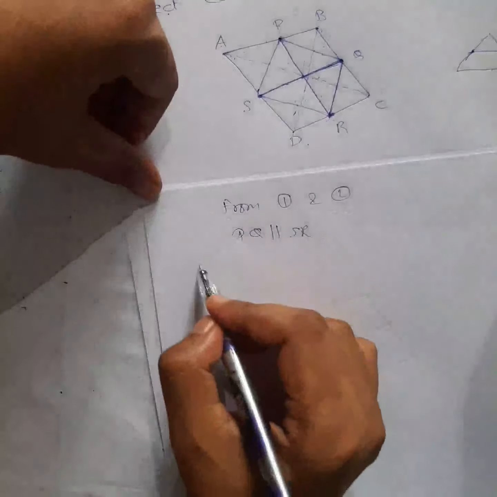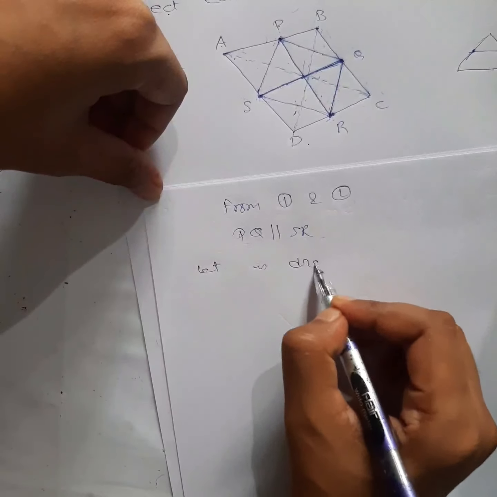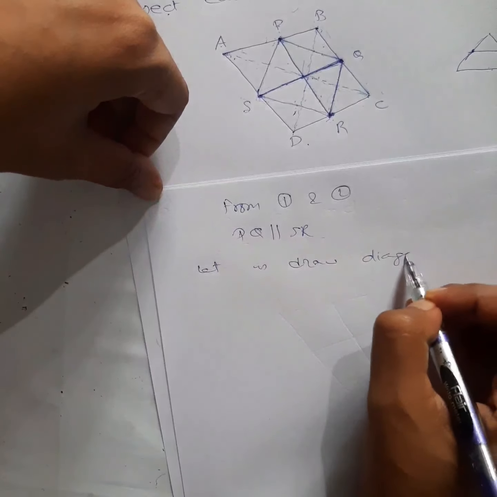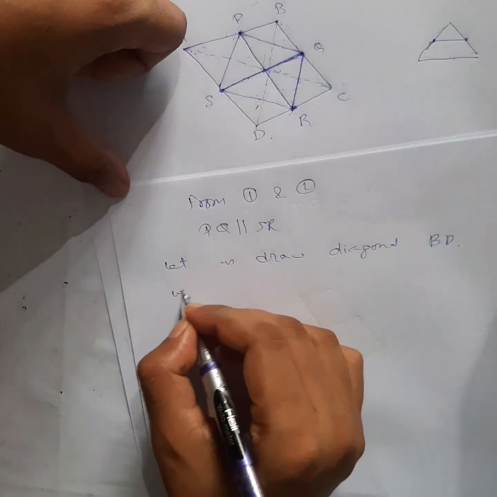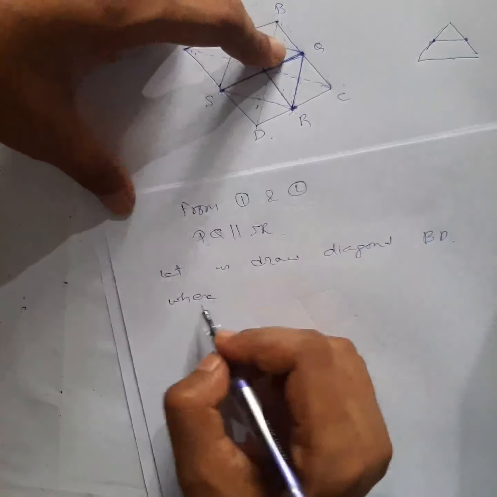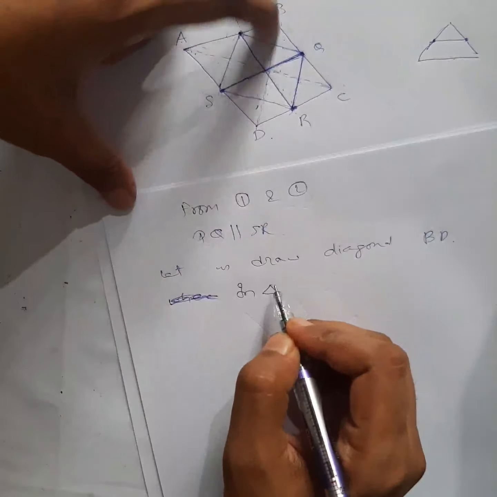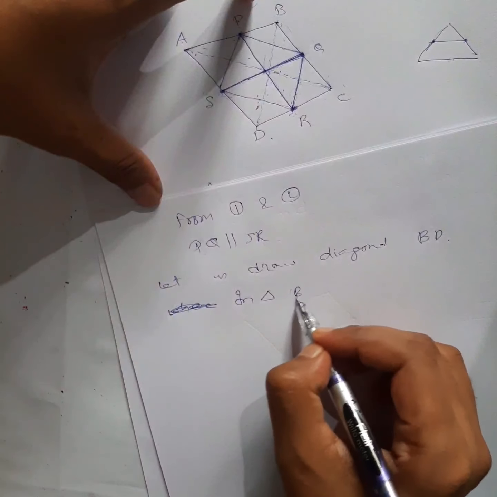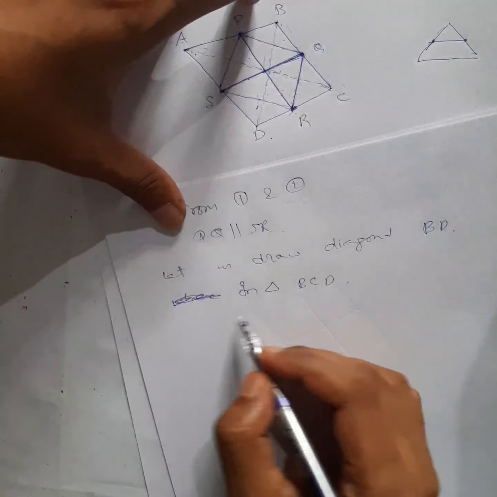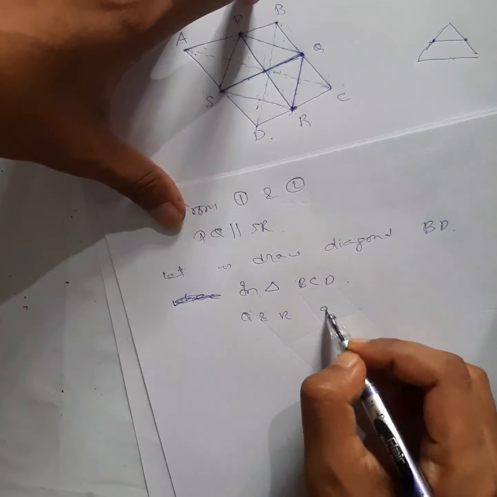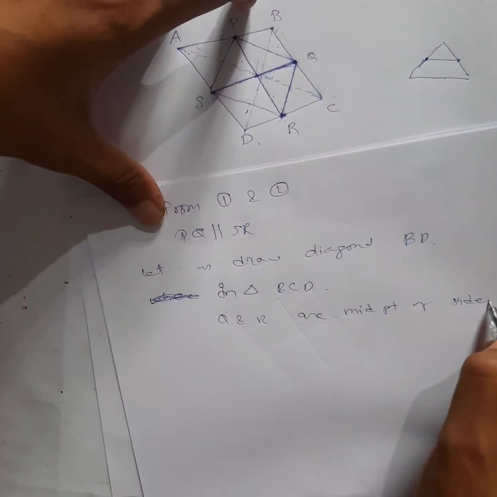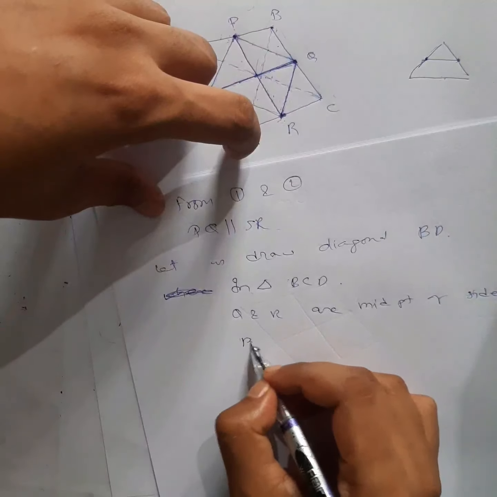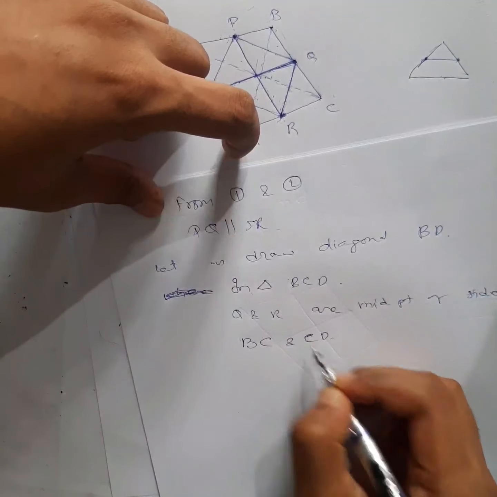In the same way, draw diagonal BD. Now I will select this triangle. In triangle BCD, Q and R are midpoints of sides BC and CD.